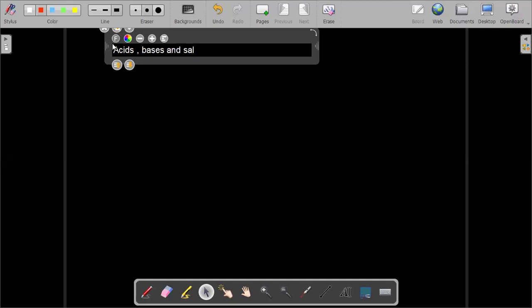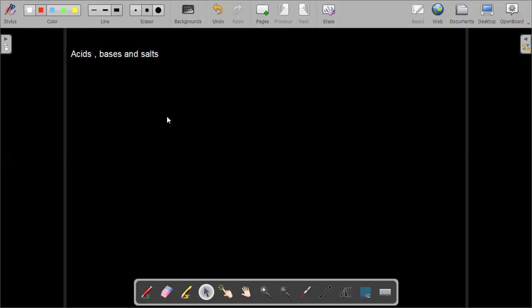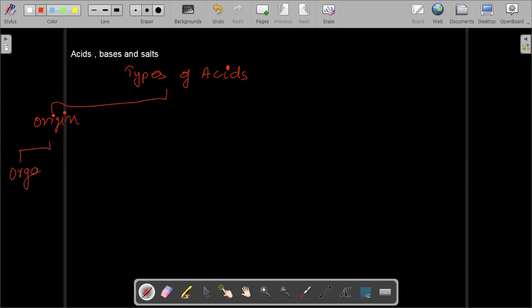Also, we had seen a few questions from this chapter. So today we'll consider the types of acids. There are different types of acids depending on the different criteria that we use. For example, on the basis of origin, they are classified either as organic acids or inorganic acids.